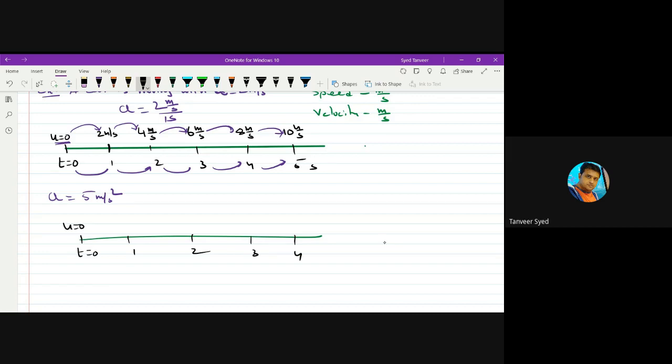In 1 second, its velocity becomes 5 meters per second. Next second, it becomes 10 meters per second. Like this, it increases by 5 every second. Then it has got 5 meters per second square acceleration. Clear?